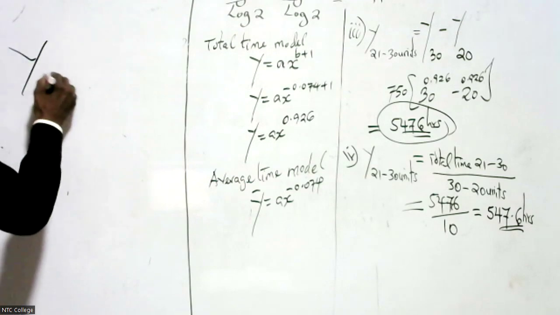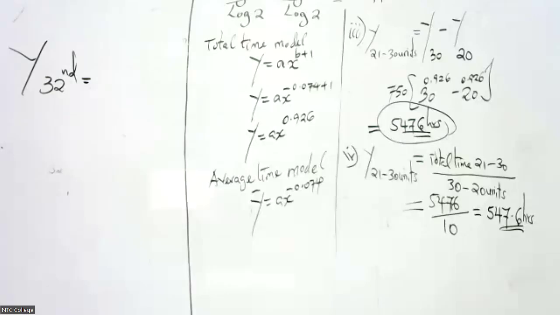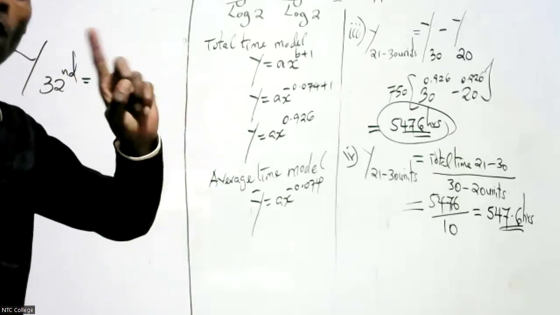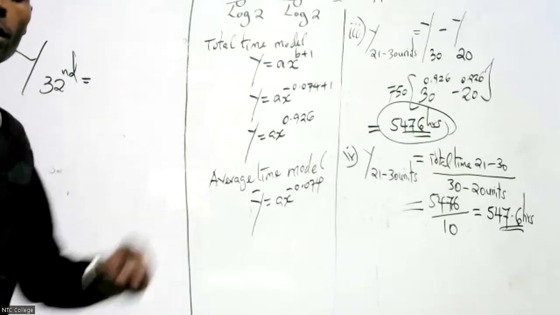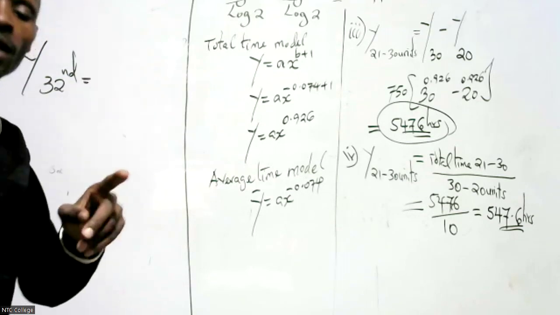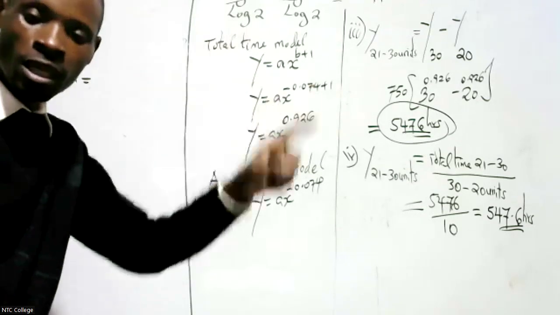My good students, this is only the 32nd unit, meaning only one unit, the 32nd unit, and not 32 units. It is not 32 units, it is the 32nd unit. That is one unit at the 32nd.